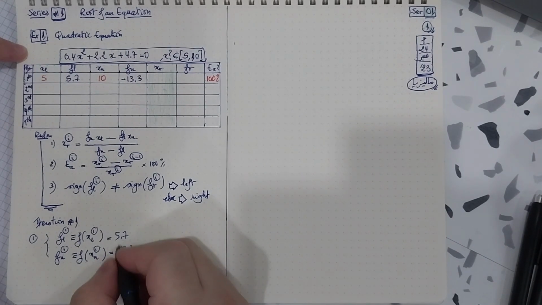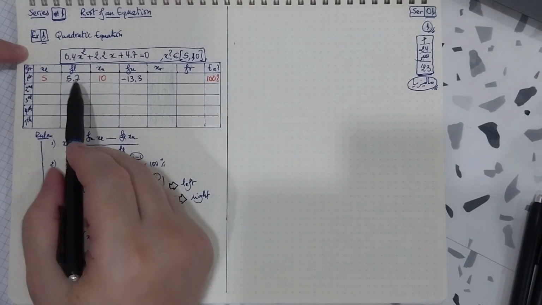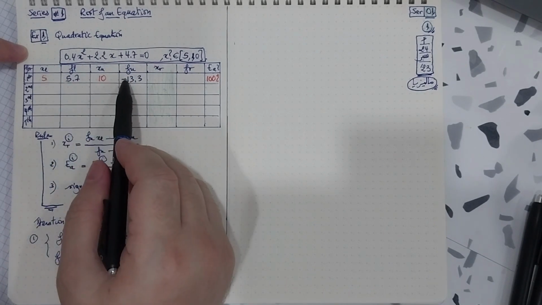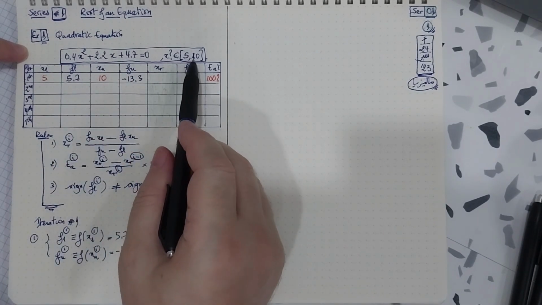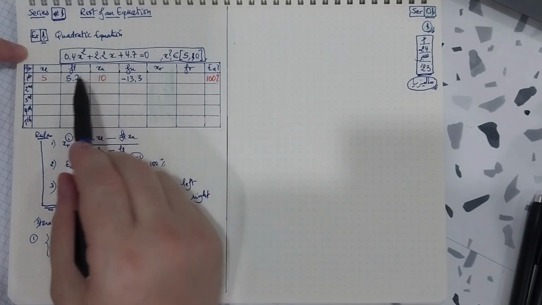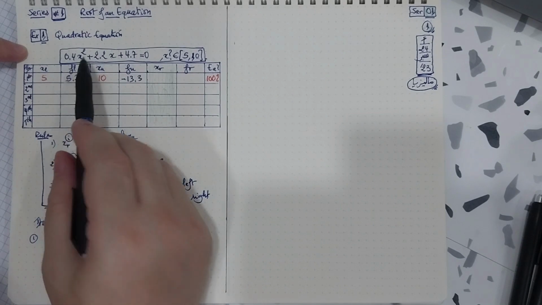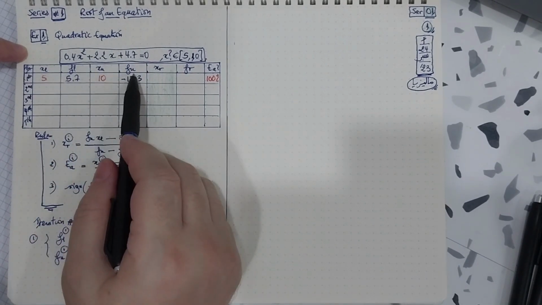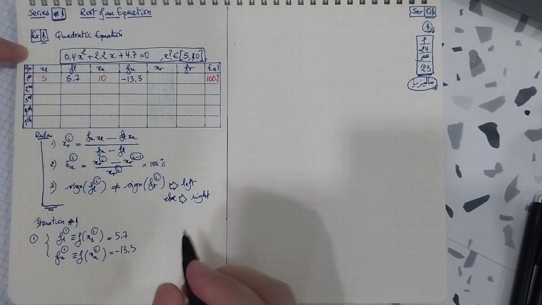You can observe that they have different signs. If they both have the same sign, positive, positive, or negative, negative, it's impossible the interval contains the solution. We have made an error in the interval.